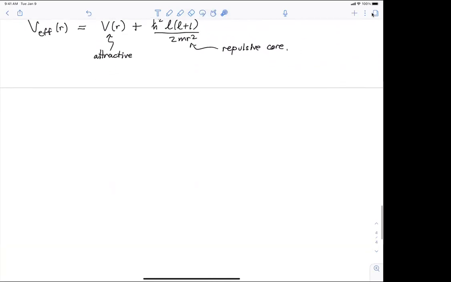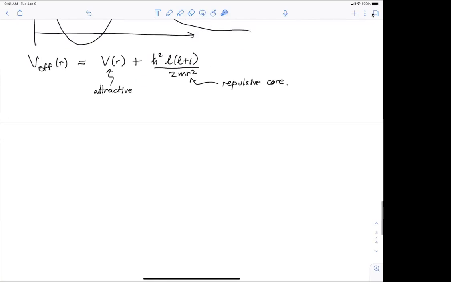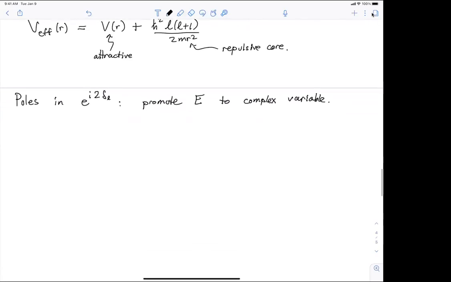Okay, so we've seen two different ways that you can have poles. These are poles in the scattering amplitude, or equivalently in e to the i 2 delta L. And we see them both by promoting the energy to a complex variable. And so the way we can represent this is, let's draw the complex energy plane.